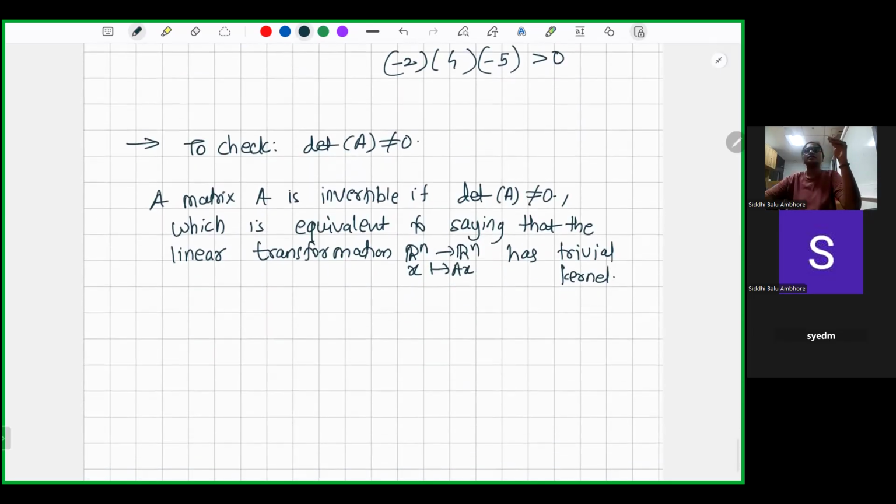Because otherwise, if this has a non-zero kernel, this means the columns give a zero linear combination, and that will again give me the determinant of A is zero. And we don't want that.